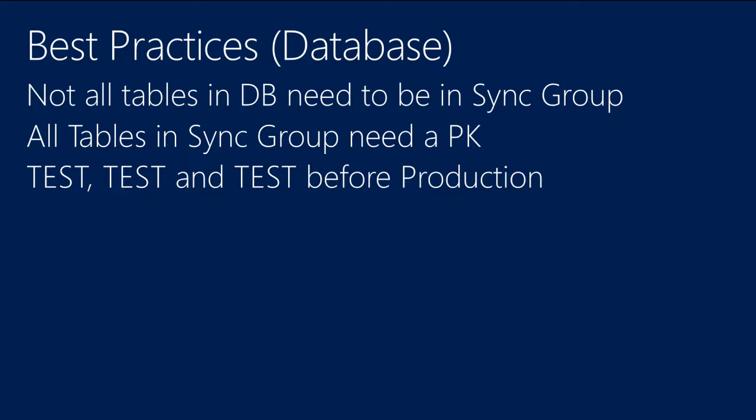One would go from your US on-premise database up to Azure, and another would go from your Asia database up to Azure. You just have to set up two independent sets of groups and agents.